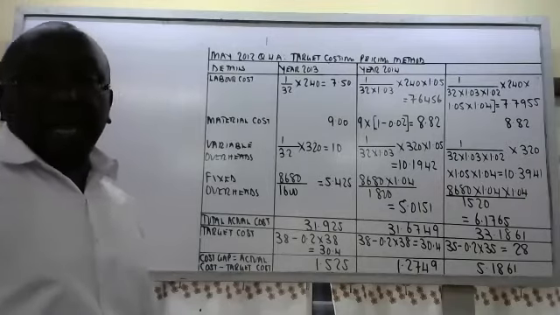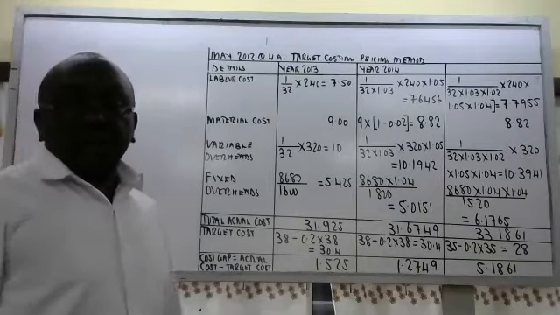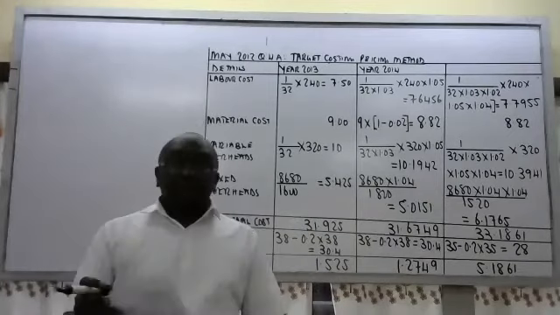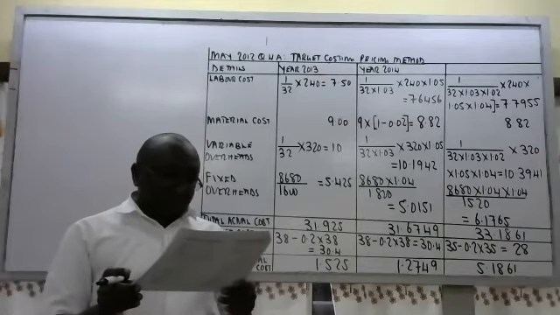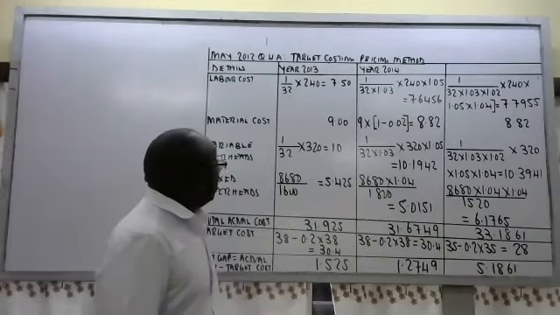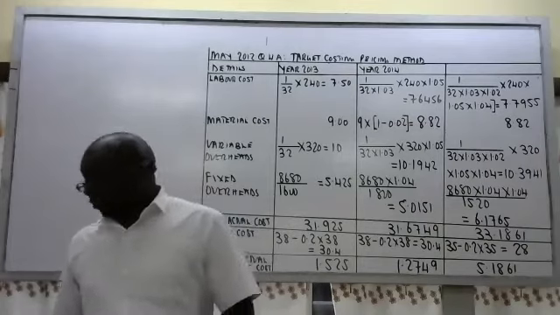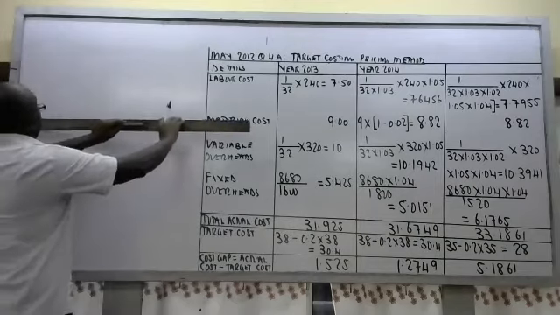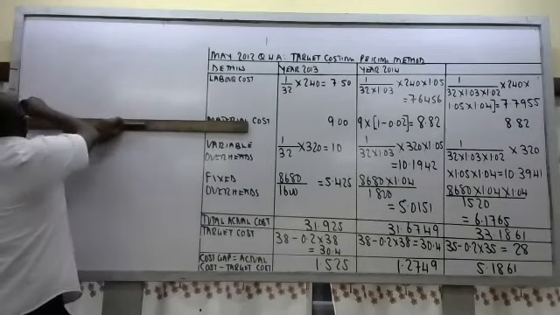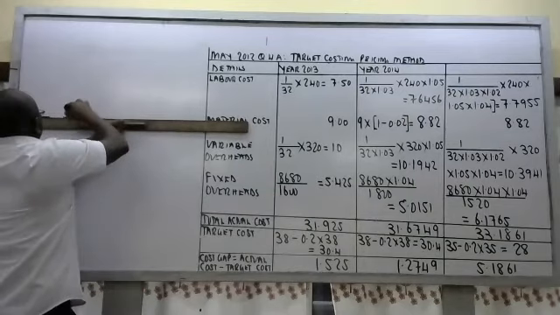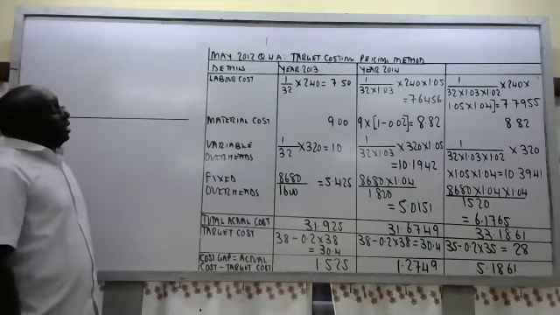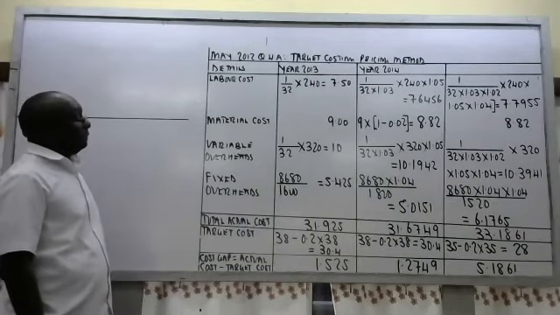Yes, Churchill, good. Then finally, we are told to get the total savings that will be made. We have the year and the savings.